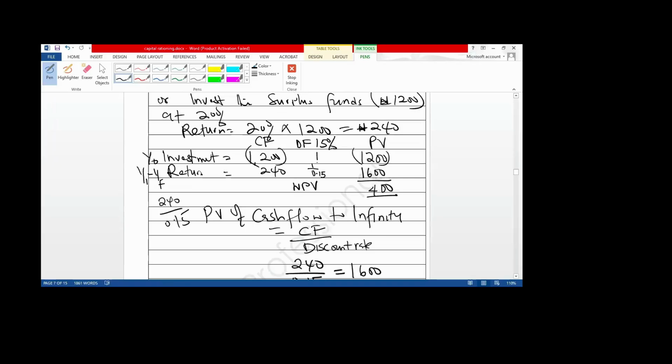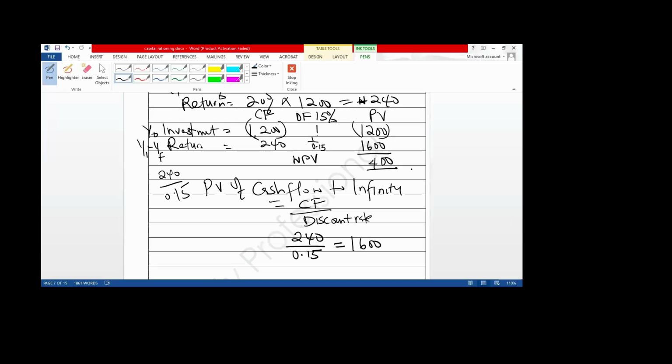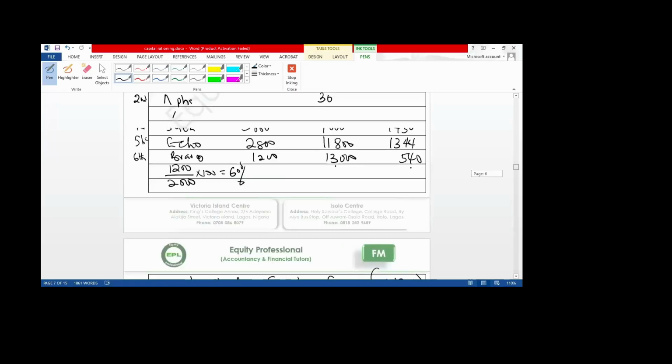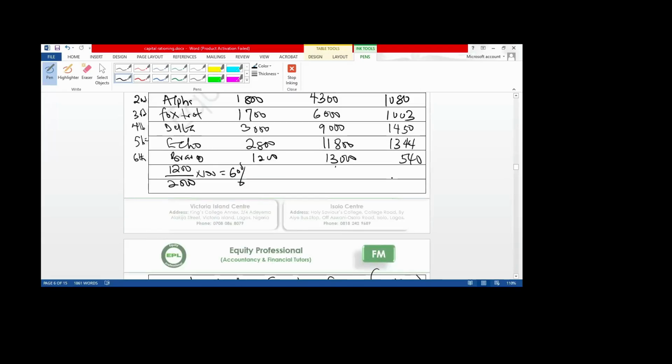That means you are going to take the option of Foxtrot. The project is divisible, so you are going to take this option. But if the project is divisible, that means you can take a fraction.